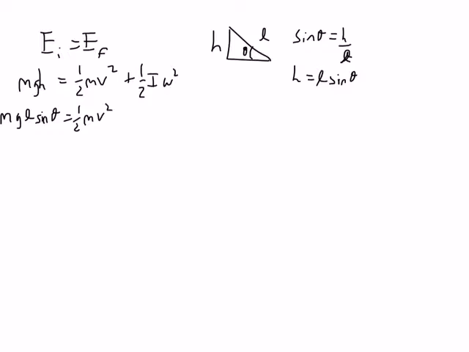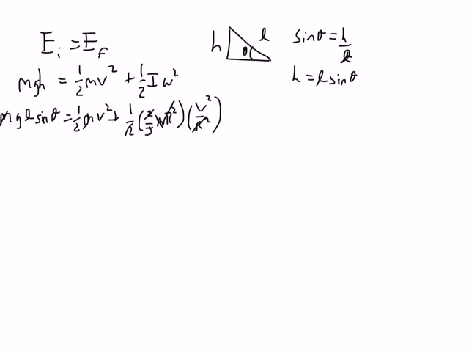And since we care about the linear speed, I'm going to keep v as it is. I'm going to substitute what I know in for the moment of inertia. And once again, we can use the fact that it rolls without slipping to replace omega with v over r. Right? Since omega is squared, I have v over r squared. So that'll cancel those r squared. The 2's cancel there. We have a mass in every single term.